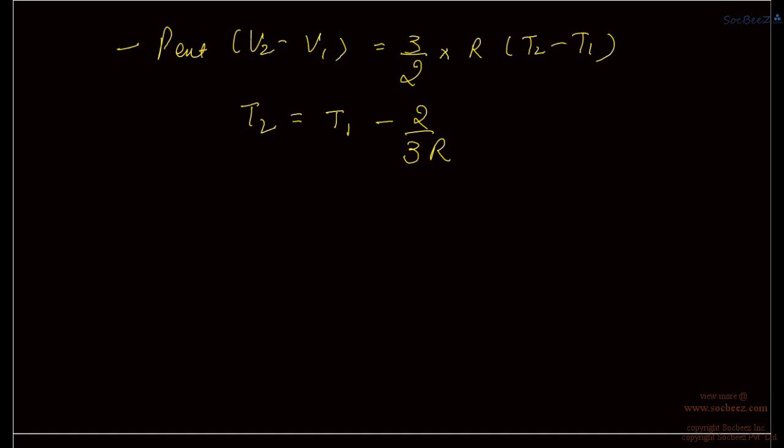Because these expressions get compensated here, on solving this expression we get the value of T2 as T1 minus 2 upon 3R.